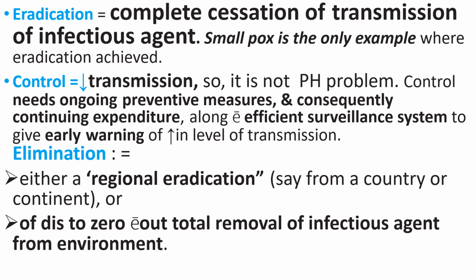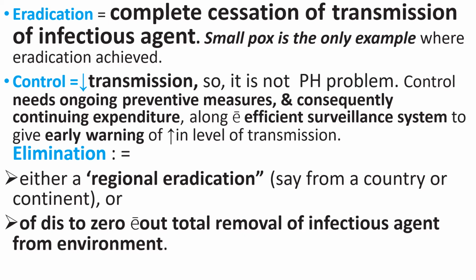Looking at the bottom, elimination equals either regional eradication, say from a country or continent, or the incidence of disease comes to zero without total removal of the infectious agent from the environment.